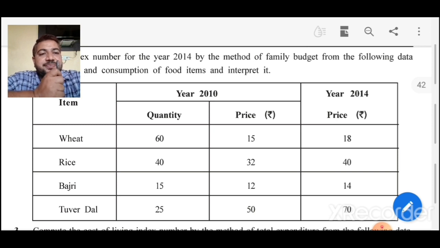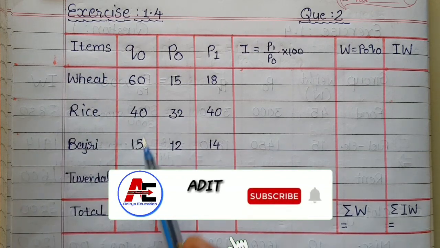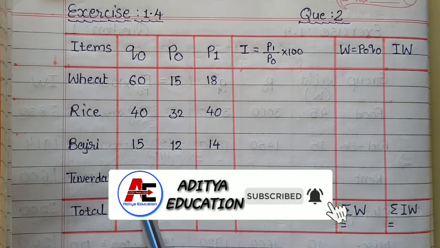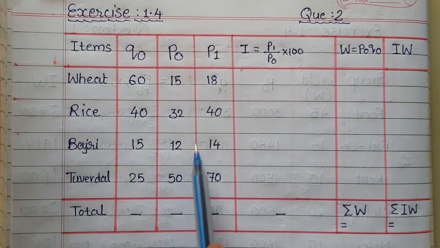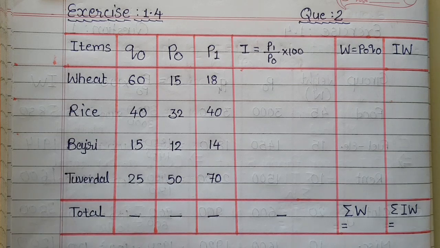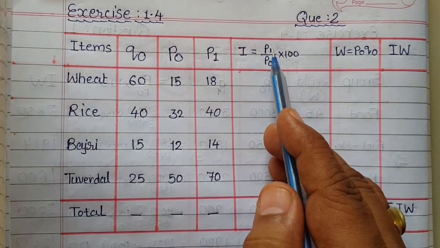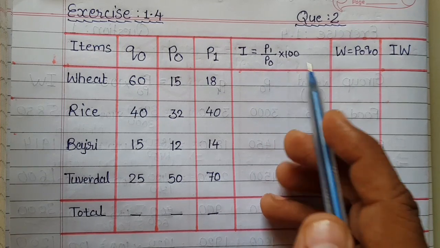Let's calculate. I have copied the question. In the first column, I have written the items. In the second column, I have written the Q0. Third column P0 and fourth column P1. As we know, for the cost of living index number as per family budget, we need I and W separately. So I will find I. For I we need P1 upon P0 multiplied by 100.